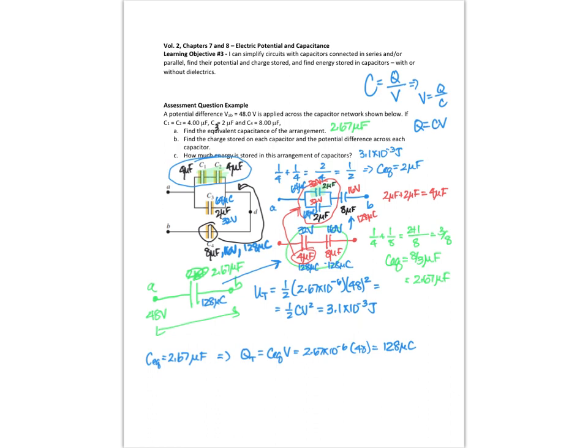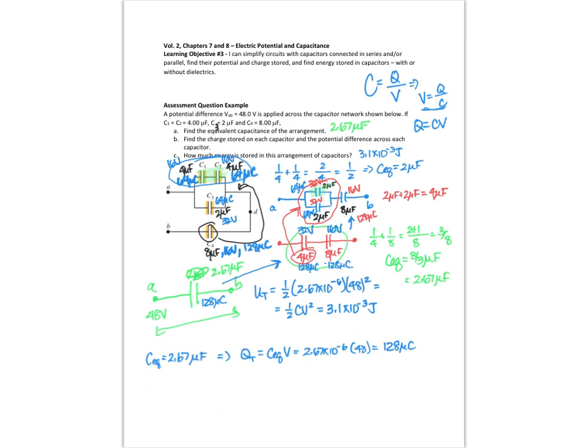So that means that both C1 and C2 have 64 microcoulombs across them. And the potential difference across each one of these I can find using this expression, and I find that C1 has a potential difference across it of 16 volts, and C2 has a potential difference of 16 volts.